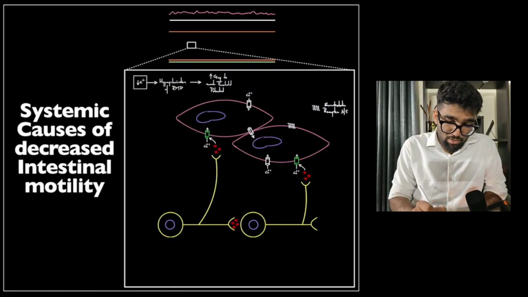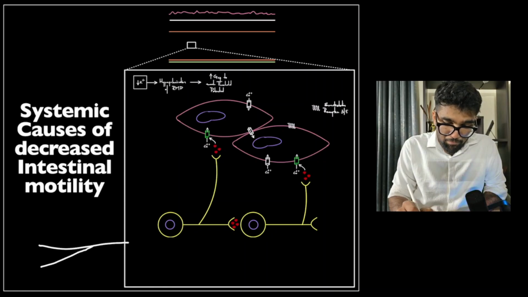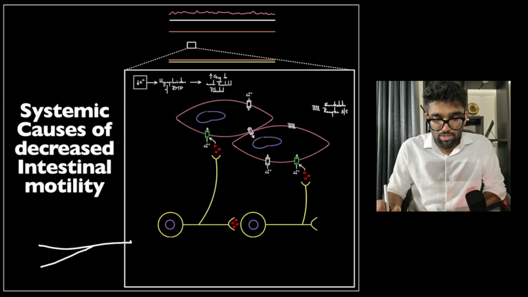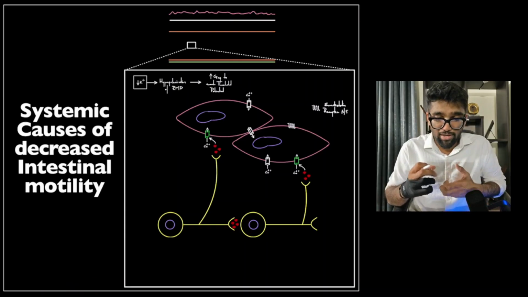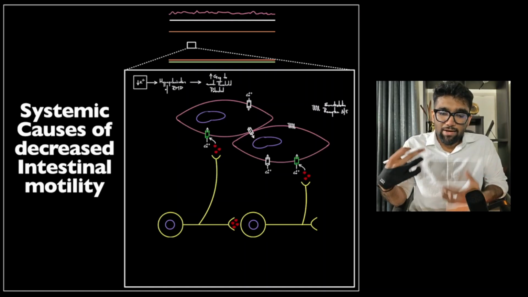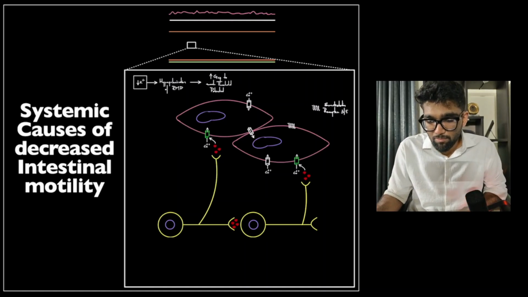Okay, so now if the threshold potential is here normally, and the depolarization occurs like this, once the resting membrane potential goes down like this, the threshold potential is much farther away from the baseline resting membrane potential, so it is much more difficult for the muscle to contract. As a result, the muscles within the gastrointestinal tract no longer have the same amount of muscular tone. So that is how hypokalemia causes this.